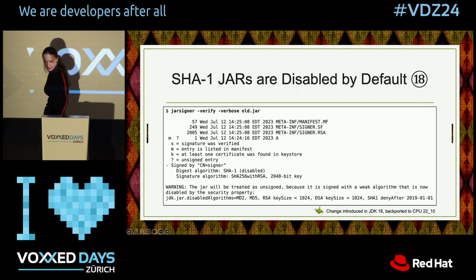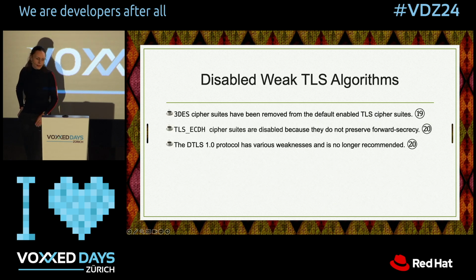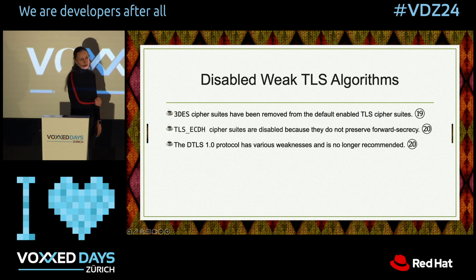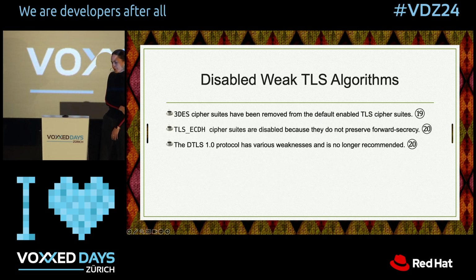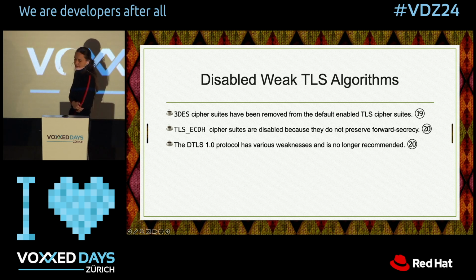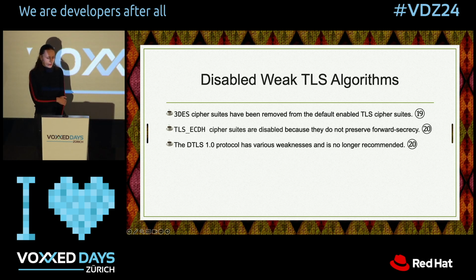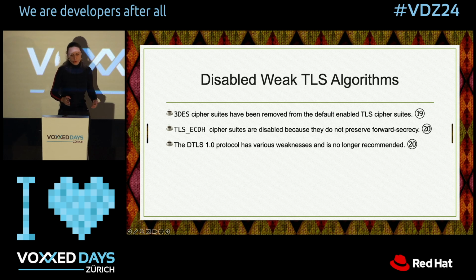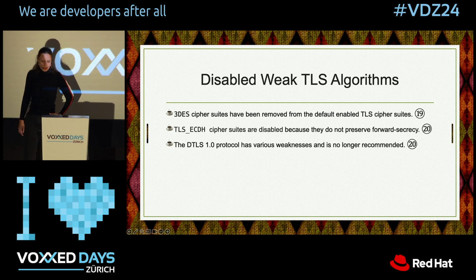Apart from disabling the SHA-1 jars by default, there were some weak algorithms for TLS that were disabled. 3DES cipher suites were removed from the default enabled TLS suites. And of course, 3DES and ARC4 are also not safe to be used, starting with JDK 20.